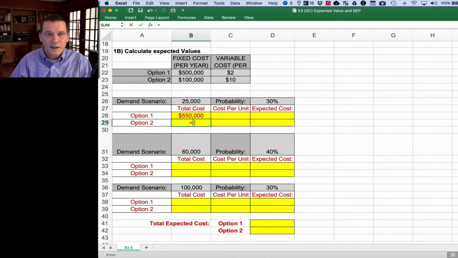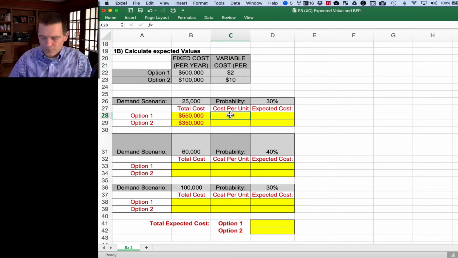Okay, and we have to do that then for each scenario. Whoops, that's a mistake, not times, plus, come on over here, times my volume. Okay, now let's go ahead and move across this equation.